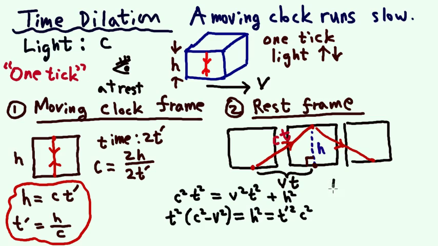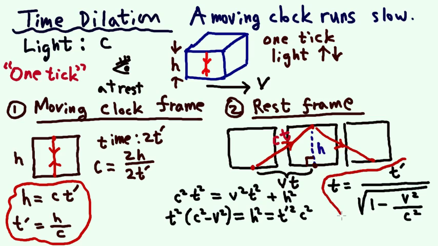And so then you can write t equals t prime divided by square root of 1 minus v squared over c squared. I omitted some steps here, but you can verify this using a more careful calculation if you like. So that's what we found.